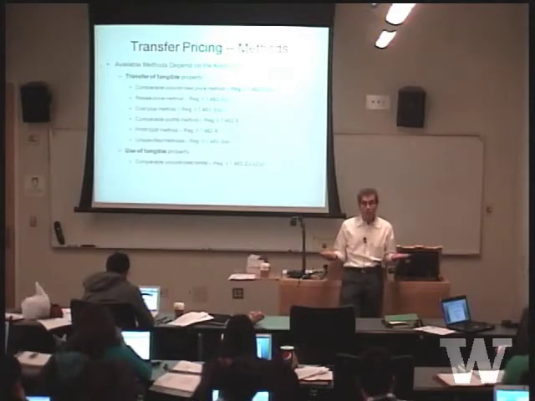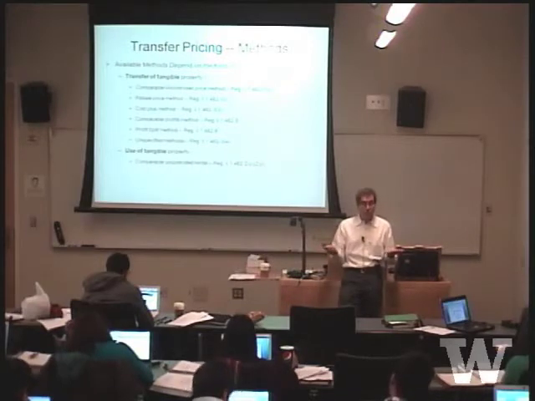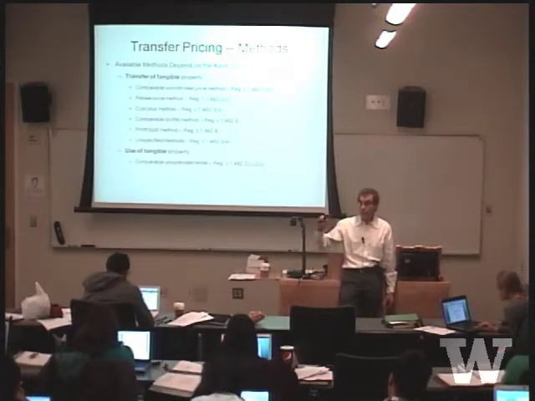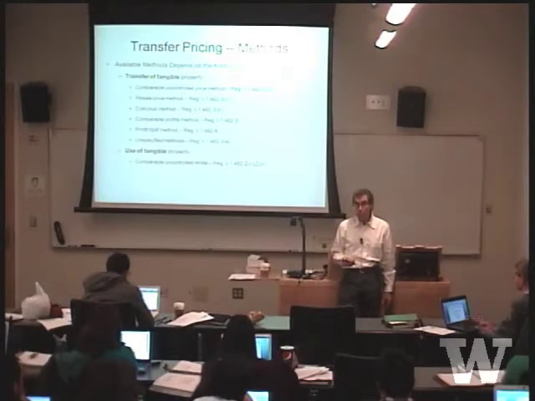Because there's a lot of databases which show for various distributors in different industries what margins they're making. So it's possible to find not necessarily an exact comparable product, but you can learn roughly what profitability, what operating income a distributor has in a particular industry.